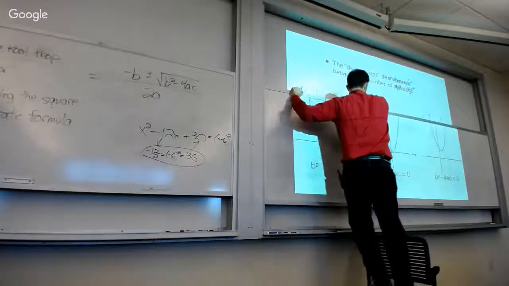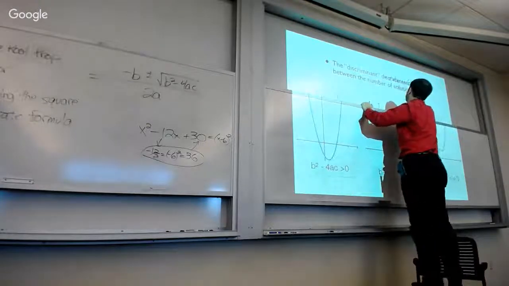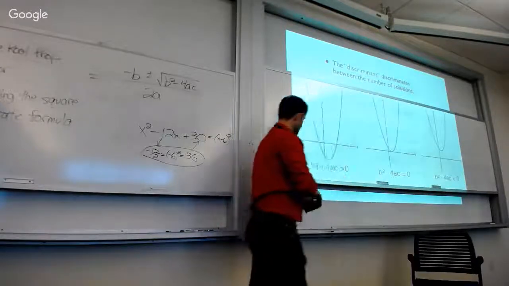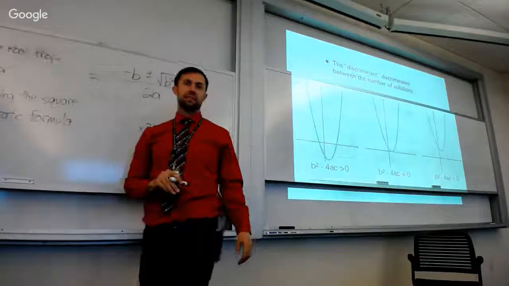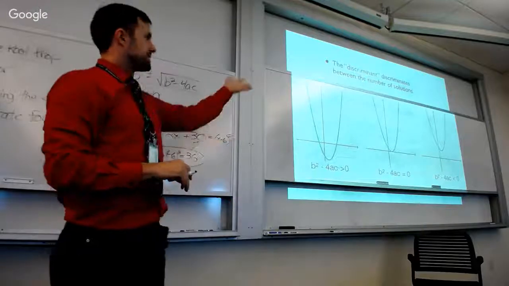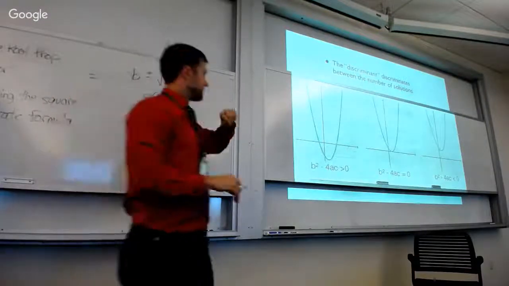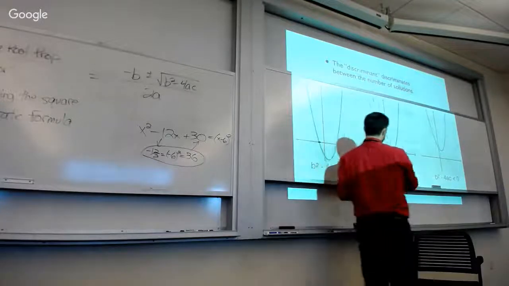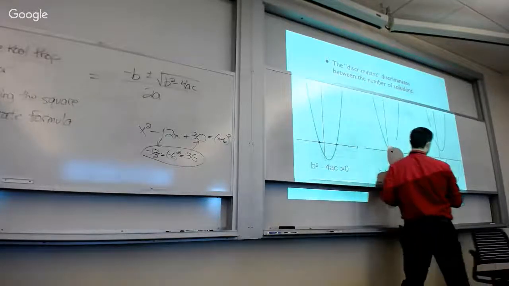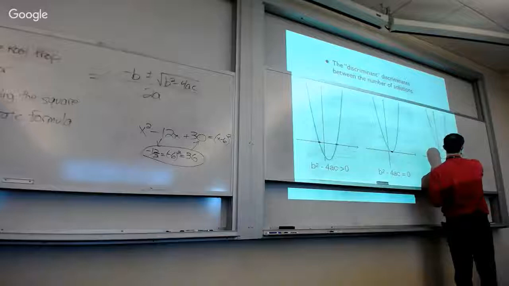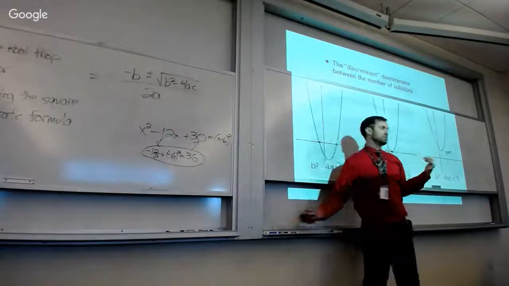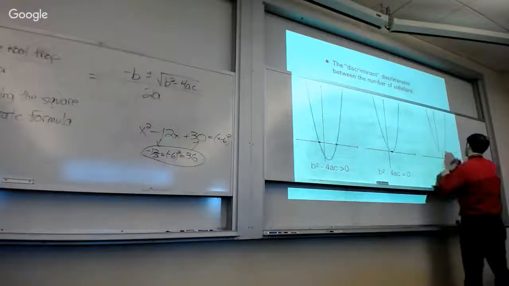So, all that said, what do you suppose we're discriminating between? Yeah, the different types of parabolas that we're looking at. For instance, a parabola that has 2 solutions versus a parabola that only has 1 solution versus a parabola that has 0 solutions. Although it's not really 0 solutions. What are the solutions? Imaginary.